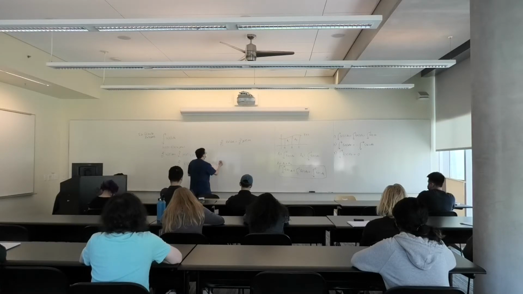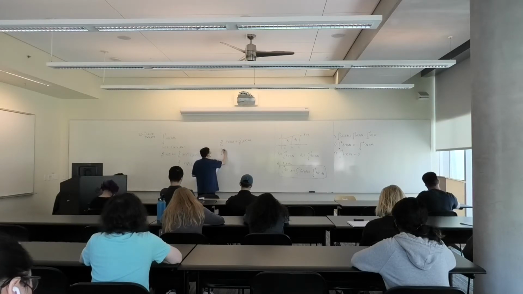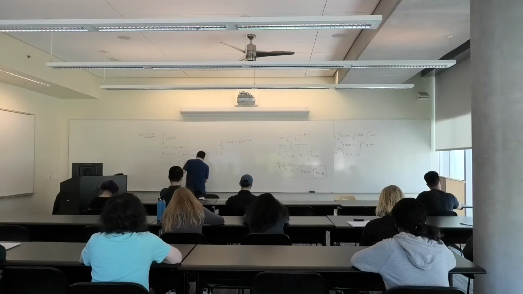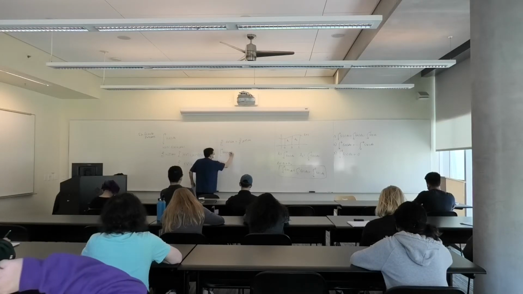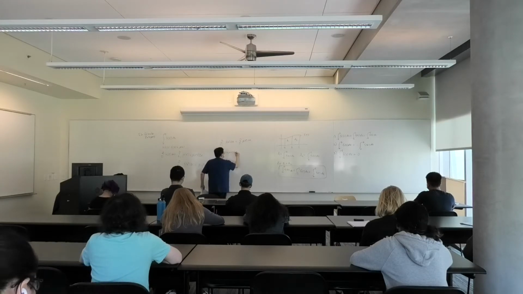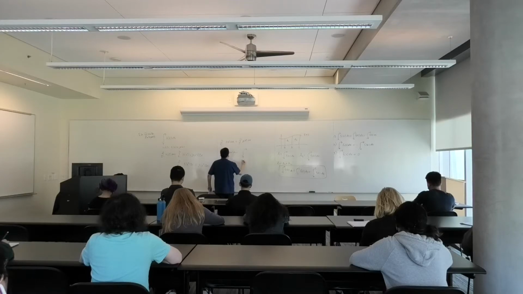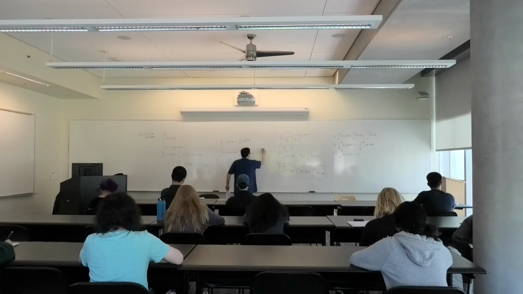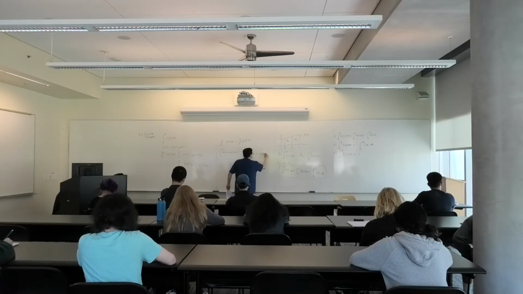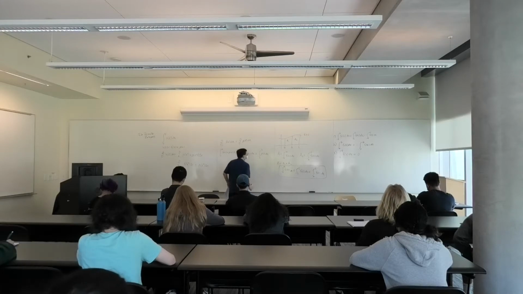So, of course, I'm going to just end up here with the integral from a to b of f of x plus g of x dx, which is just going to be the sum of these two integrals: the integral of f of x dx plus the integral of g of x dx.